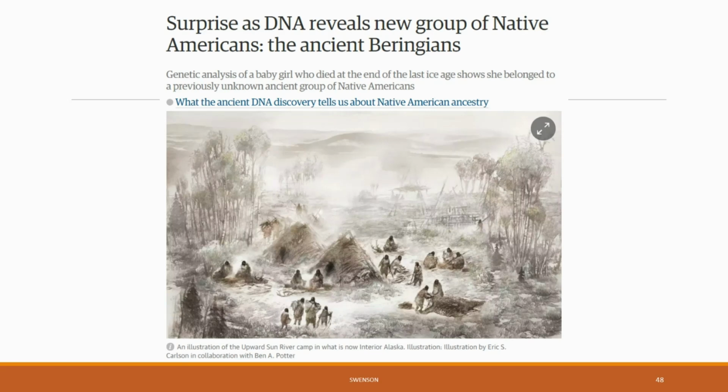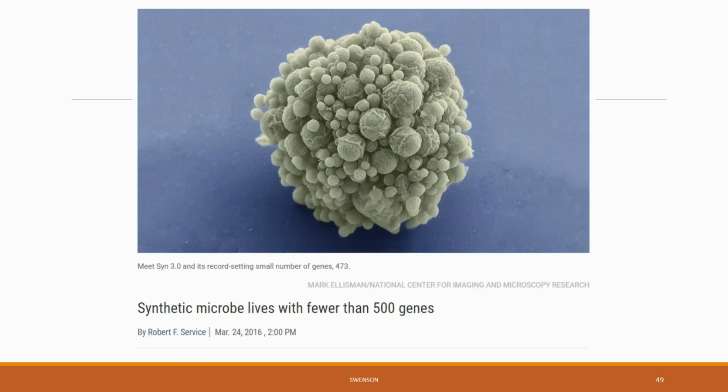We're being able to do genetic testing on remains to discover new groups of populations in our past. And we are also working at analyzing the base metabolic chassis of a cell. So this synthetic microbe lives with fewer than 500 genes.